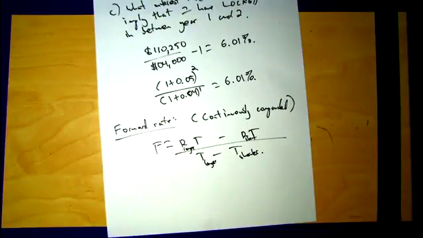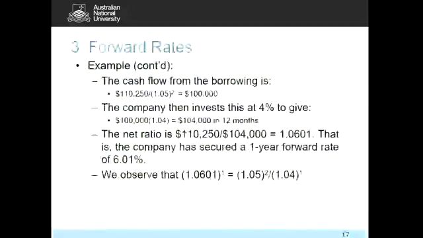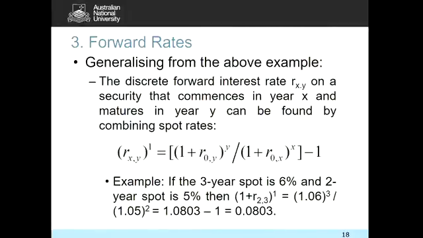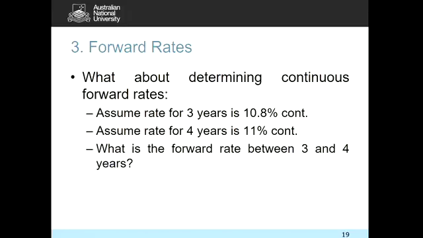So in your lecture notes, let's go to those. You're a corporation, and you've looked at your forecasting and you realise that in 3 years' time you're going to need to borrow some money. And you're going to borrow it for a period of 1 year.